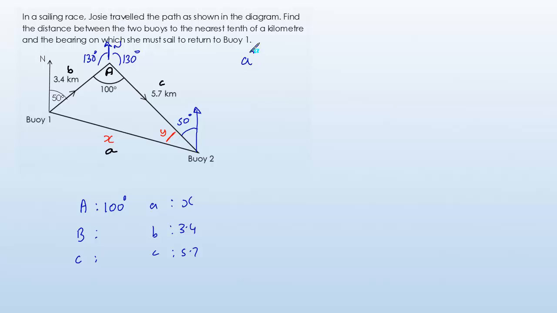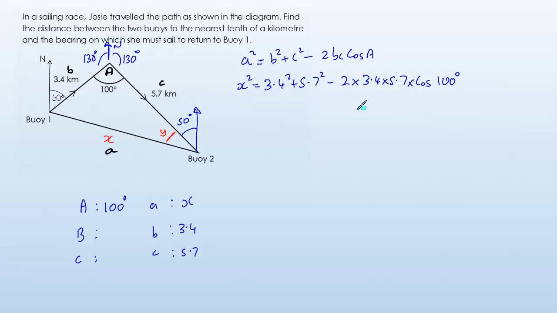So a squared is equal to b squared plus c squared minus 2bc cos a. So that gives me x squared is 3.4 squared plus 5.7 squared, take away 2 times 3.4 times 5.7 times the cosine of 100 degrees.